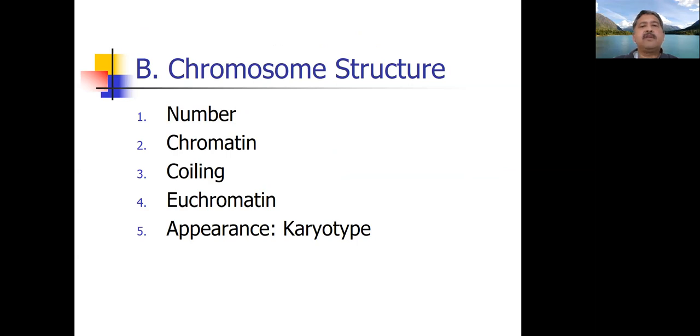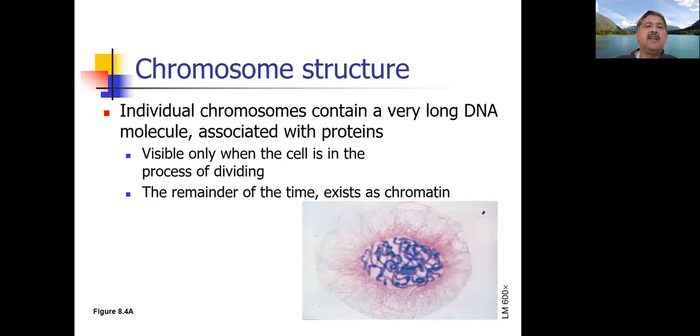Let's take a look at the chromosome structure, and most of the time you don't even see the chromosome. In this case, this is when we're just starting to see the chromosome. This is at the first stage of mitosis. But it says individual chromosomes contain a very long DNA molecule associated with proteins.